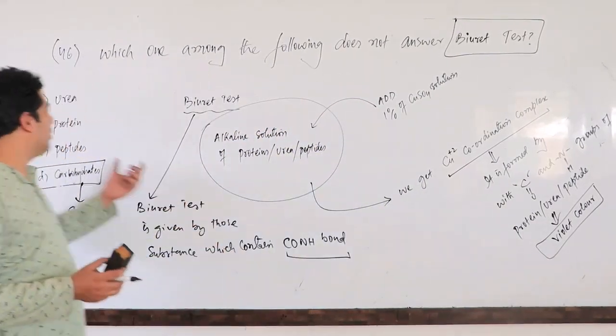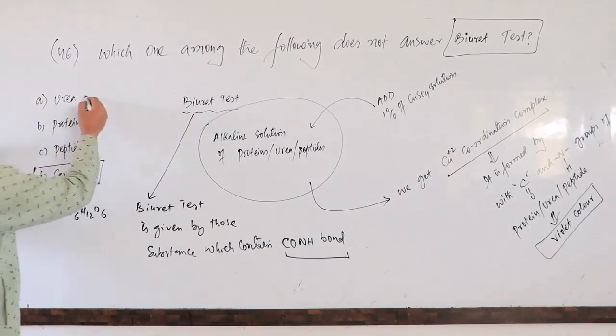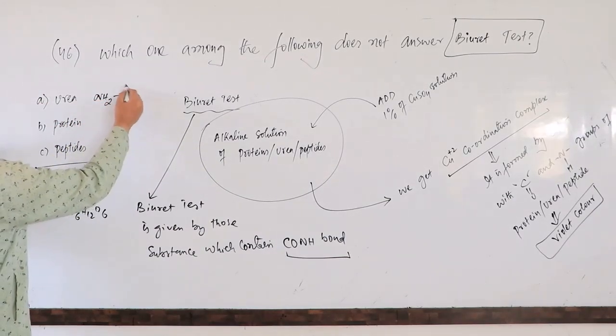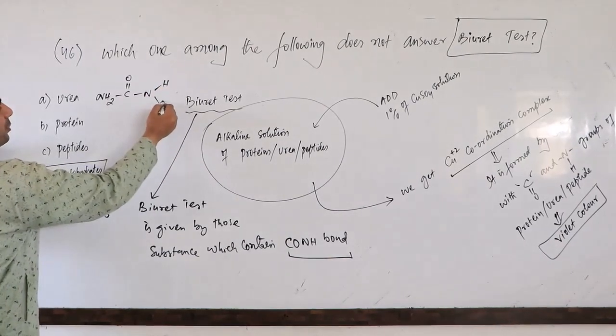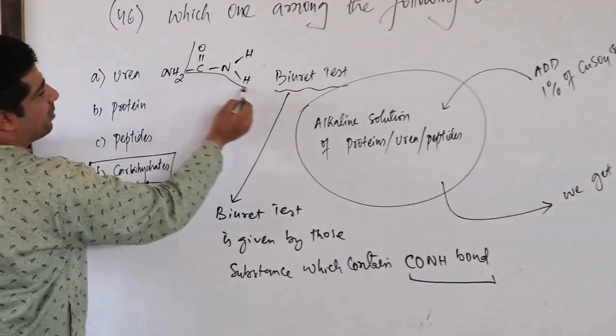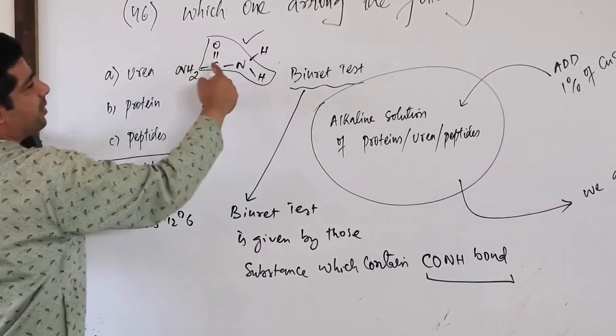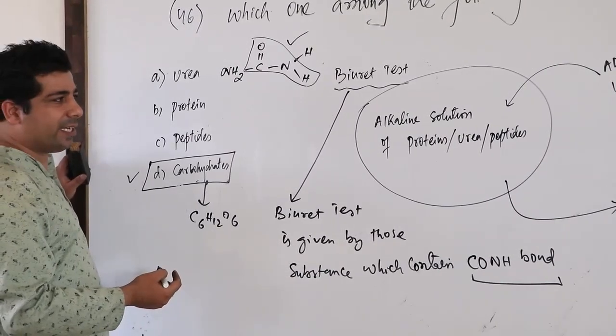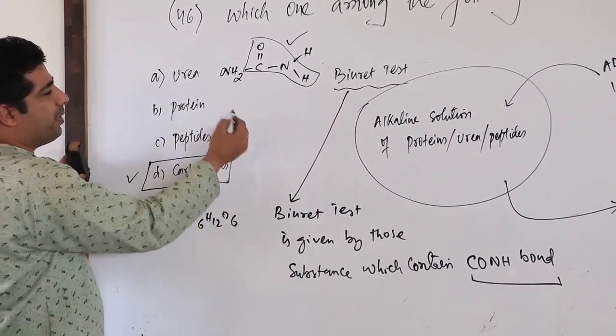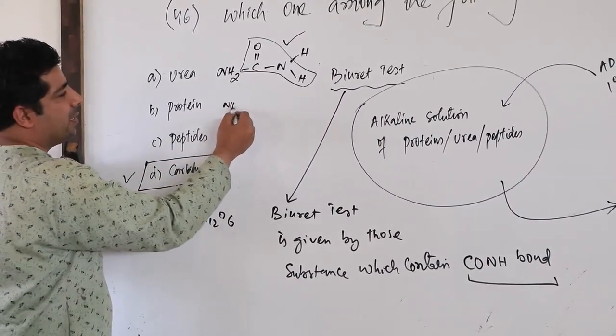Biuret test will be given by urea. If you look at urea now, my dear friends, NH2, C double bond O, and NH2. Have a look here. CONH is here, CONH is here. So it will give the biuret test, correct? If you look at protein, everybody knows about protein structure.